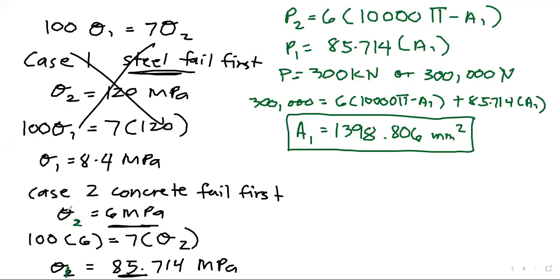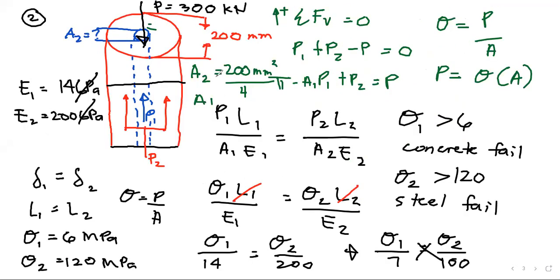So, stress for concrete is 6 megapascal and stress for steel is 85.714 megapascal. Okay, so na-add natin yung formula: P2 is equal to 6 multiplied by 10,000 pi minus A1, and P1 is equal to 85.714 A1. Okay, so balik tayo dito. Ayan, tama pala siya.